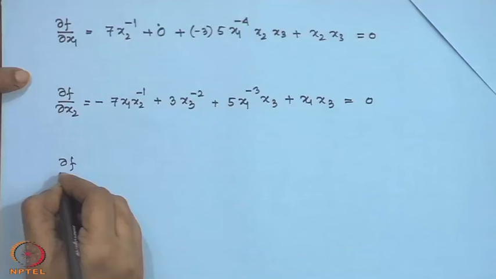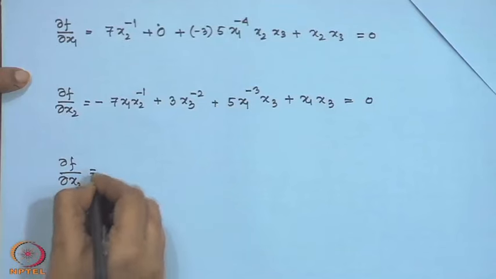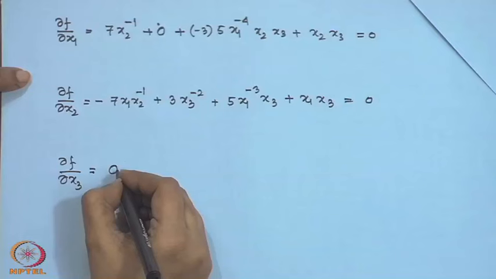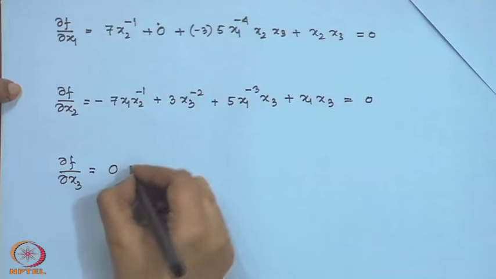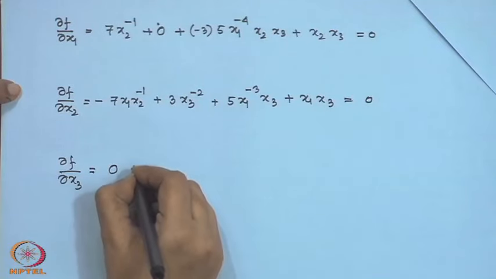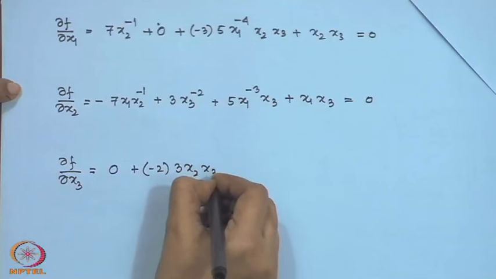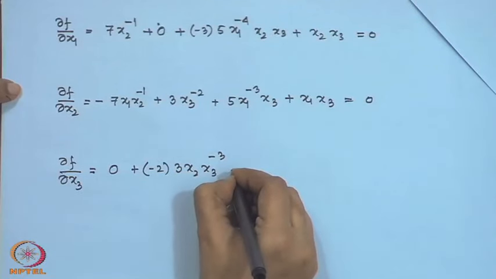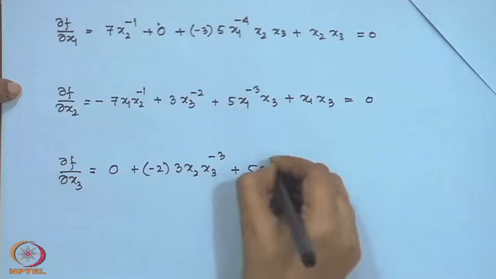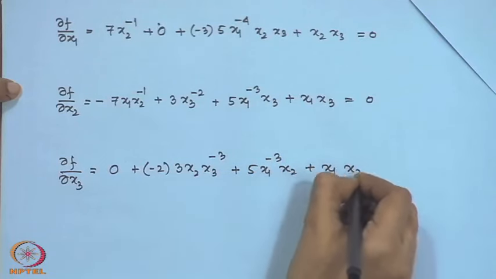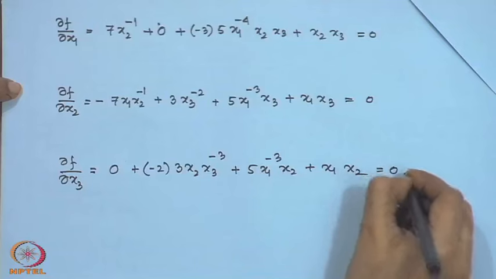Similarly, del f by del x3 we can have this is 0 because there is no term in the first where x3 is involved. From the second we have minus 2 into 3 x2 x3 to the power minus 3, plus 5 x1 to the power minus 3 x2, plus x1 x2. This is equal to 0.